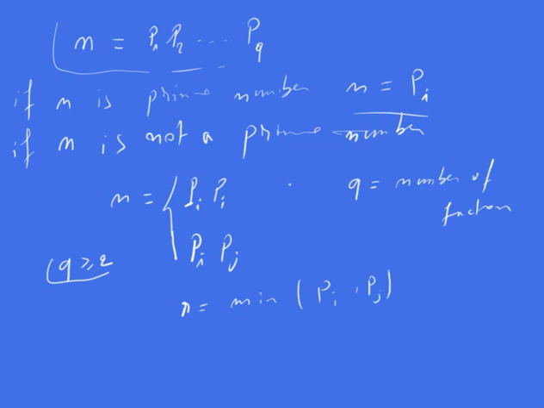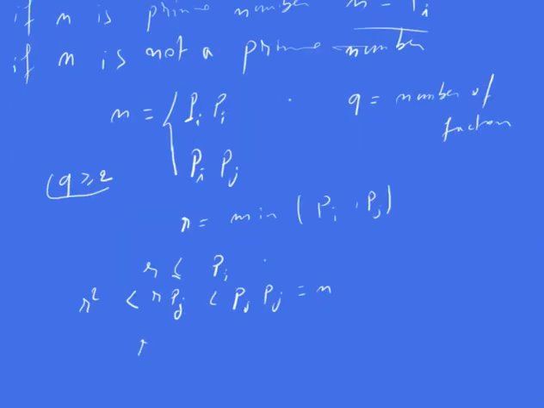Then we can say that r is less than or equal to pi. Then r times pi is less than or equal to pi times pj, which equals n. So we also have r square is less than or equal to r pj. Then r is less than or equal to the square root of n.